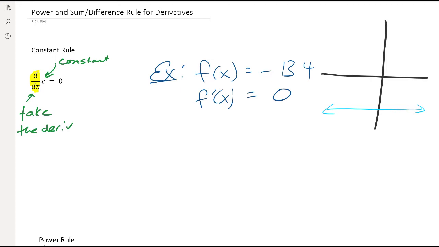But if you have a horizontal line, nothing is changing. So the slope of a horizontal line is 0. Therefore, the derivative of a constant function is 0. So if you have a constant function, meaning there's no independent variable attached to it, its derivative is automatically going to be 0. All right, next one.